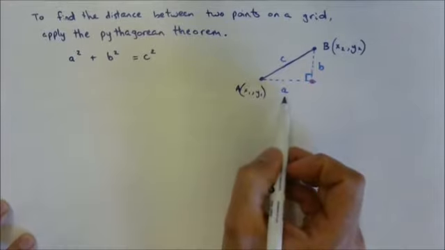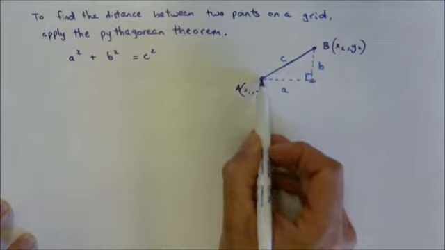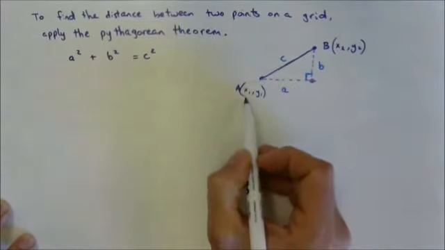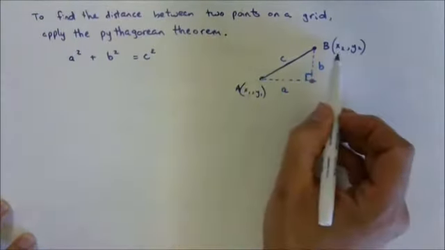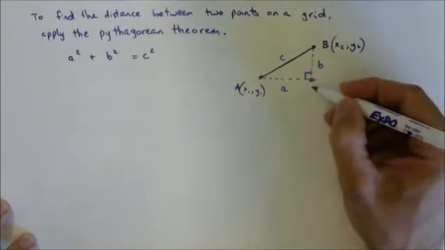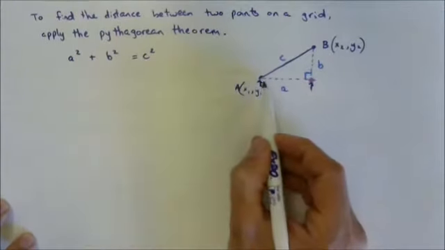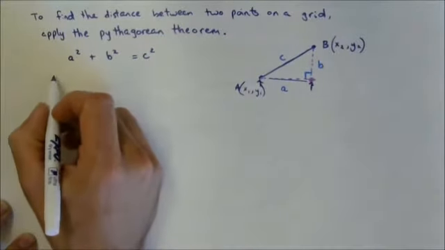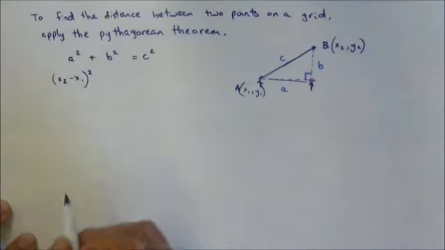So now when we're talking about A, it is only the horizontal distance between A and B. The horizontal distance is represented by the x values. So what we're really looking for for A squared is x2 minus x1. The difference between this location on the horizontal axis and this location, the difference between those places is the distance of this line. Okay? So A we can replace with x2 minus x1 squared.